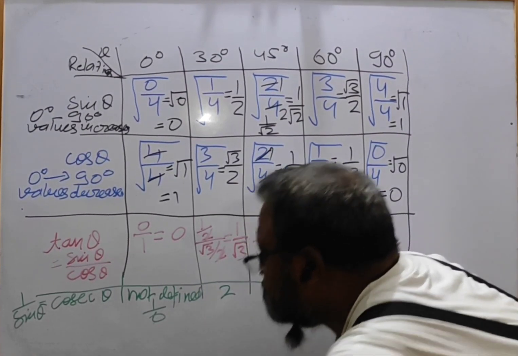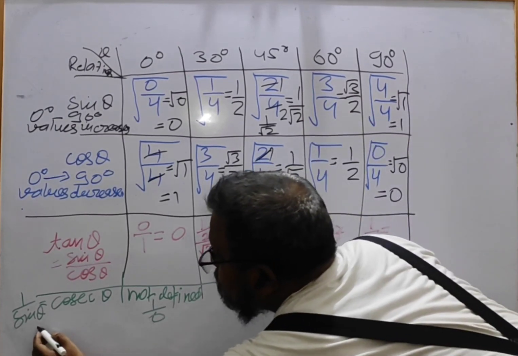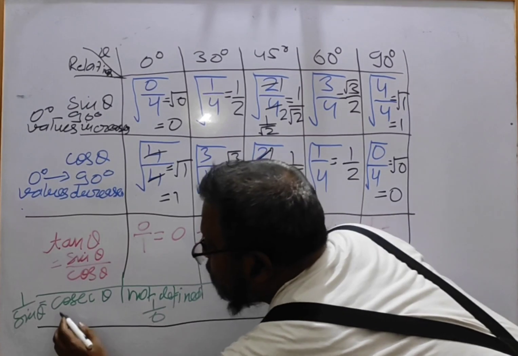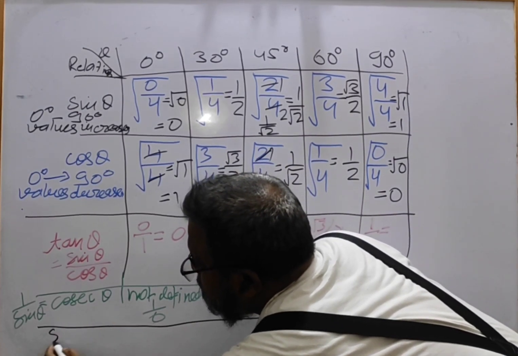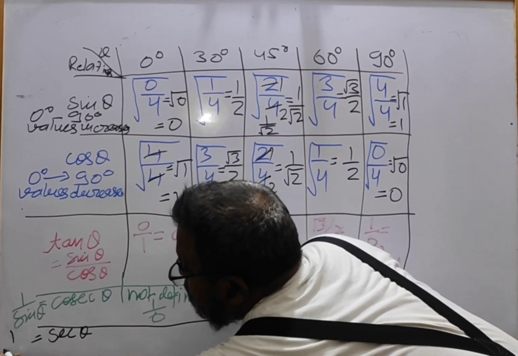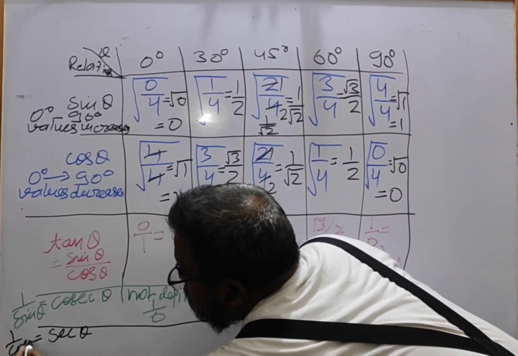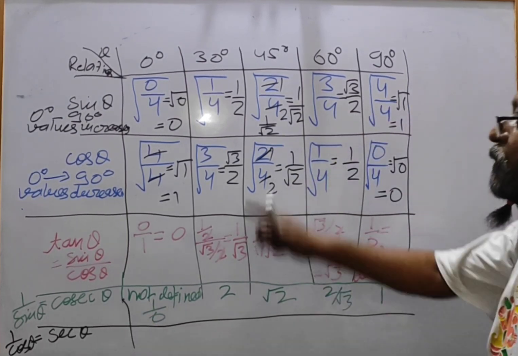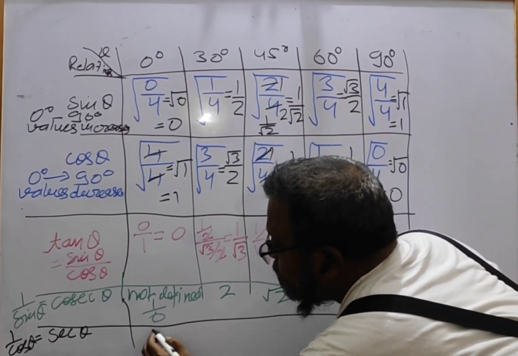Now next we have sec theta. Sec theta is equal to 1 upon cos theta. So 1 upon 1 is equal to 1.